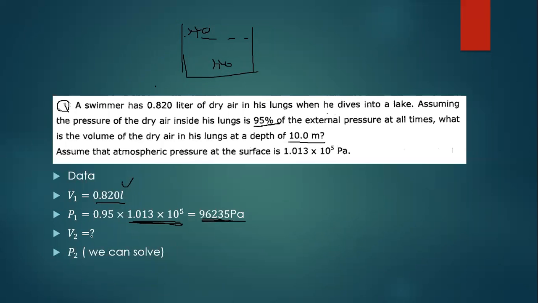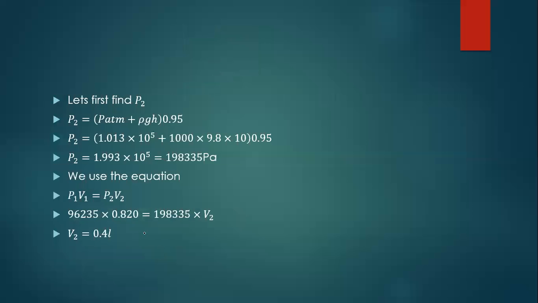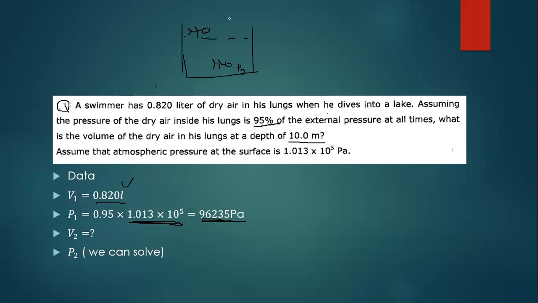Volume 2 is what we are actually asked to find. But pressure 2, at the bottom or at a certain depth of 10 meters, we should be able to solve. Let's see how we can solve pressure 2. Since it's a pond, there is atmosphere all over.